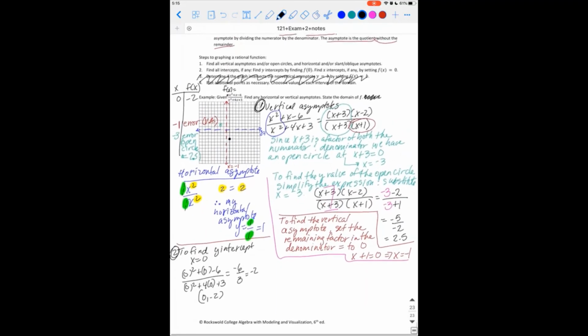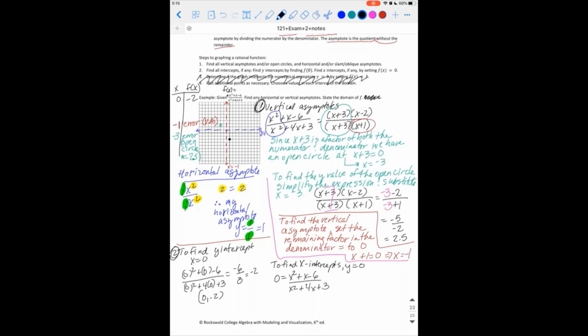The last thing we need to find, again, just for this course, will be the x-intercepts. So to find the x-intercepts, our y's are equal to 0. So we have f of x equal to, so it's going to be 0 is equal to x squared plus x minus 6 over x squared plus 4x plus 3.